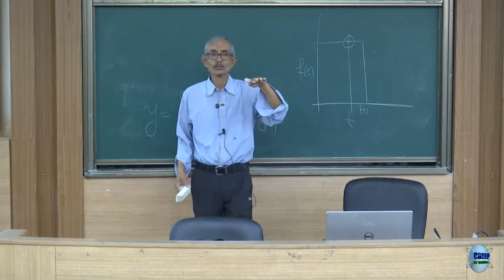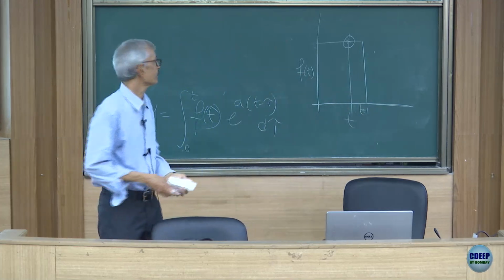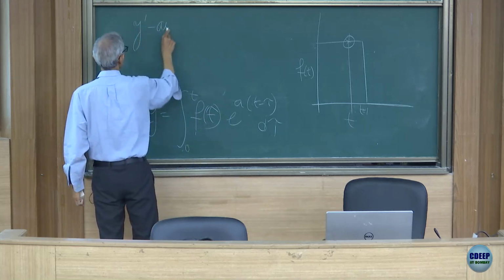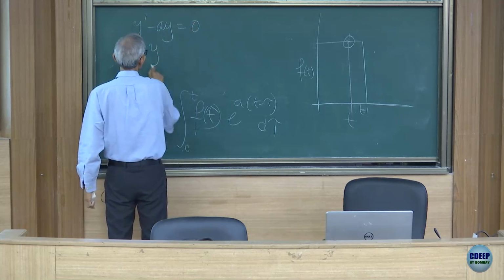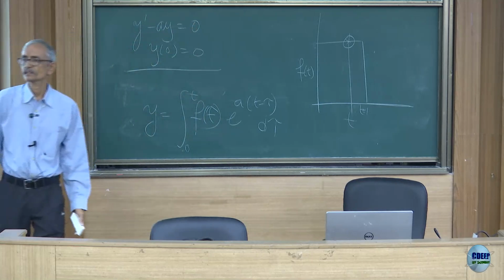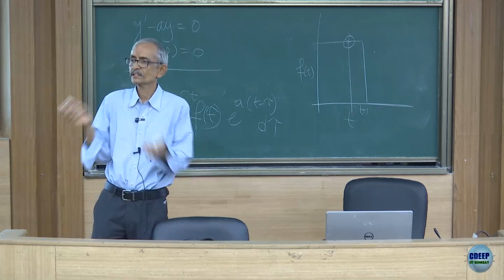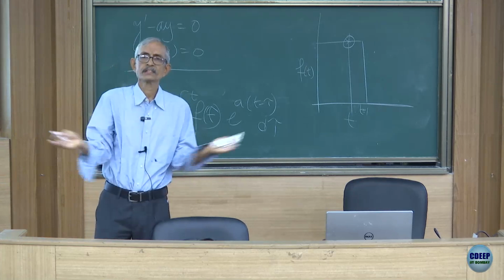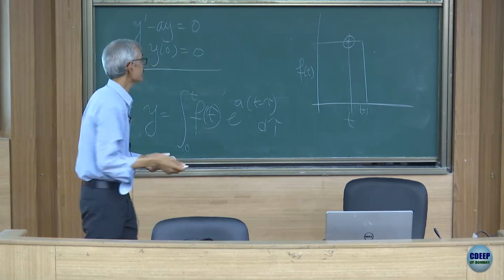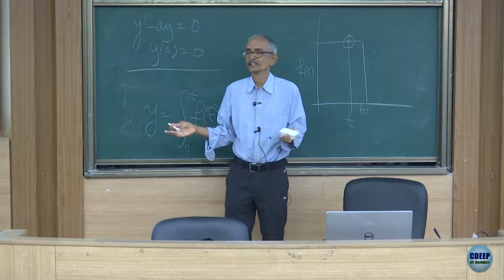If it is 0, what is the solution, for example, if y prime minus a y equals 0, y0 equal to 0? What is the solution for this? Y equal to 0. There is nothing happening. There is no forcing on the right hand side, and the initial condition is 0. So y is 0. If f tau is equal to 0, then nothing is there, right?